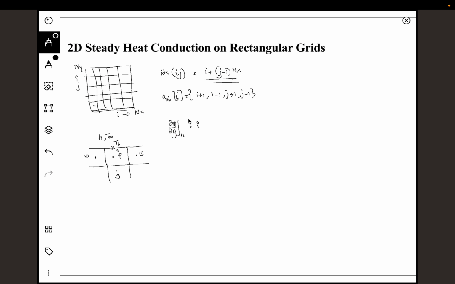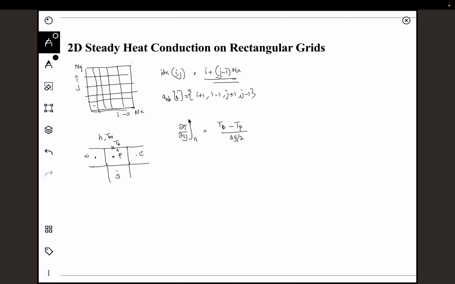So we know del phi del y is phi P minus... we are going along the y direction, so it should have been the reverse. Let's just use T. Del T del y on the north face can be written as (TP minus TB) by delta y by 2.